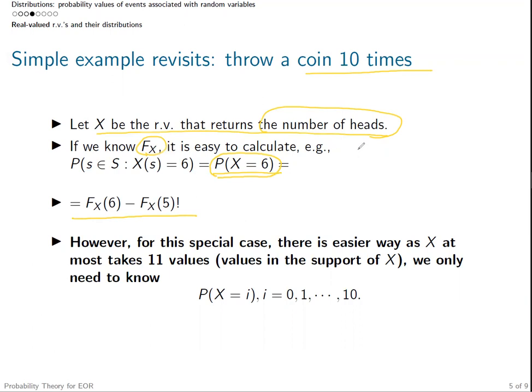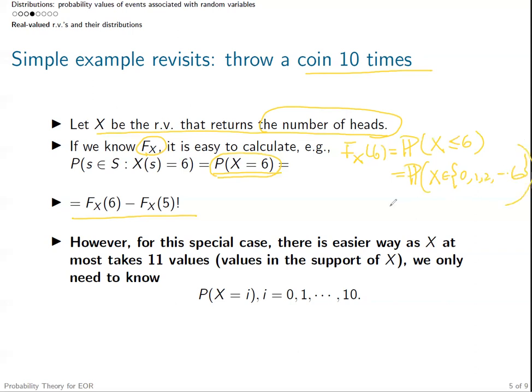The reason is quite simple. According to the definition, F_X(6) is equal to the probability of X smaller or equal to 6, which is essentially the probability value of the random event where X is either equal to 0 or 1 or 2 until 6.